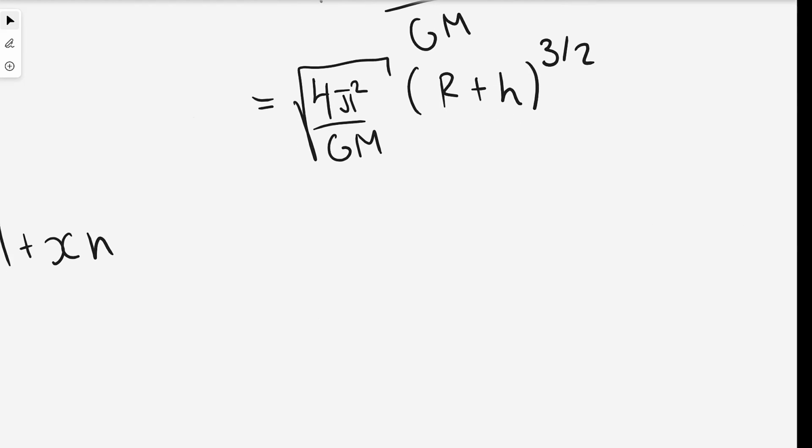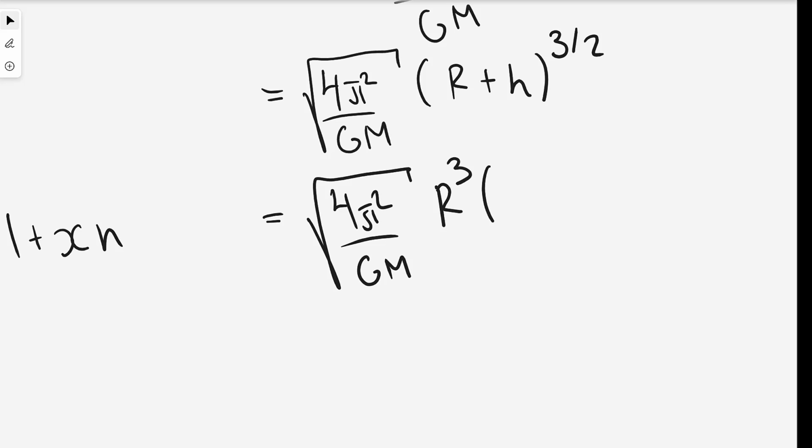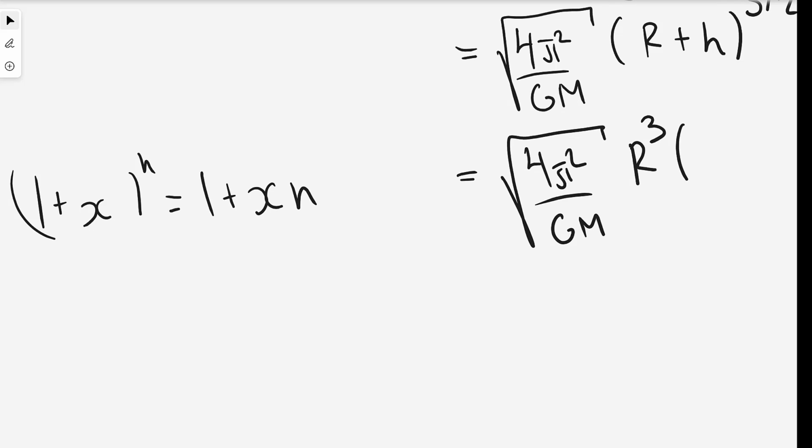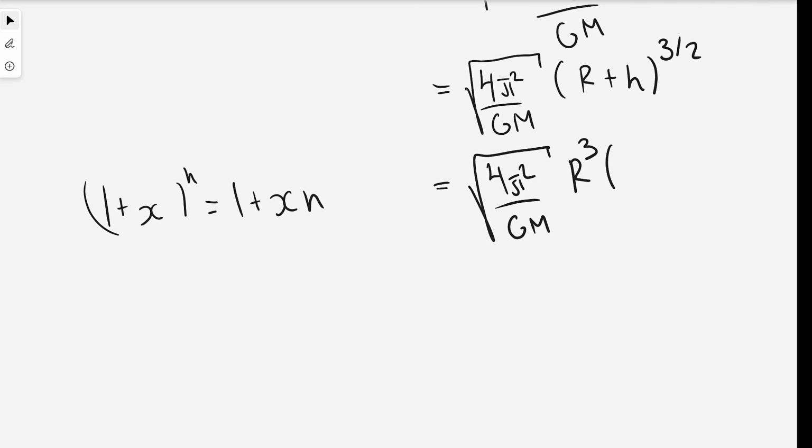Now let's take a factor of r cubed because I want to make this expression similar to the expansion that we looked at earlier, the expansion at the front of the booklet that we can use. So if I take a factor of r cubed, what I'm going to be left with is 1 plus h divided by r. This whole expression is raised to the power of 3 over 2.